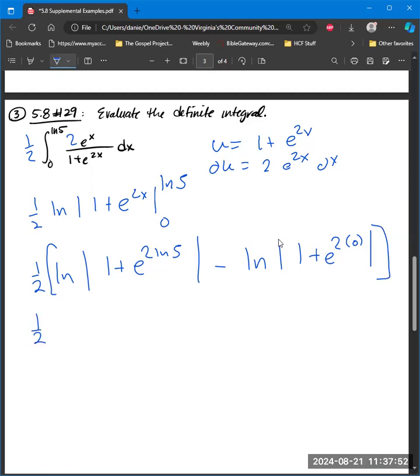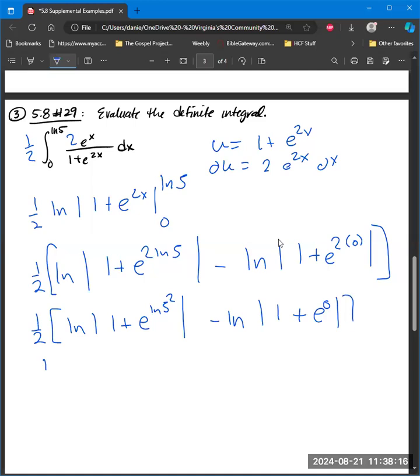So let's use our log properties here. 1 plus e to the ln of 5 squared, plus e to the 0.